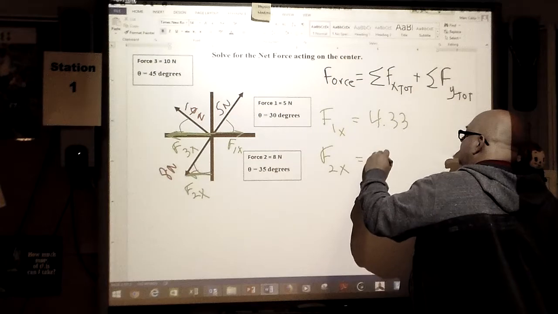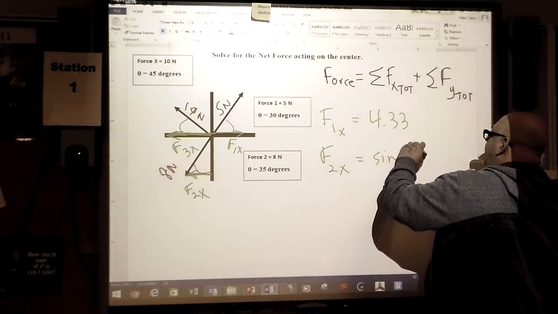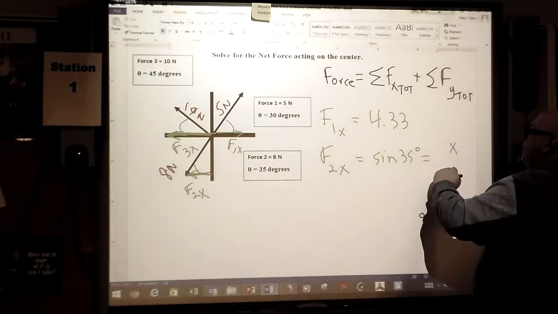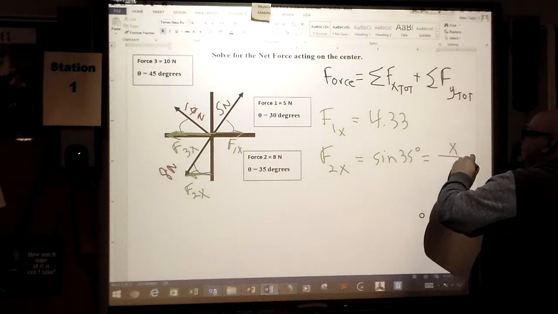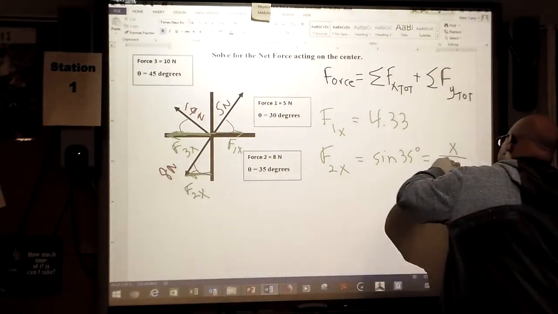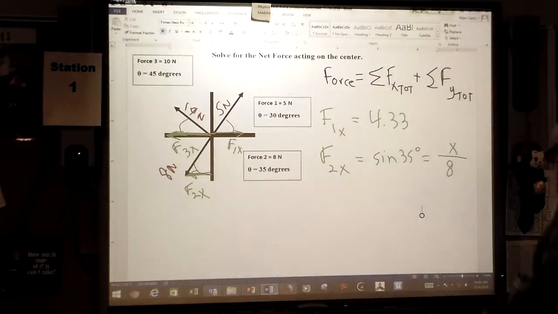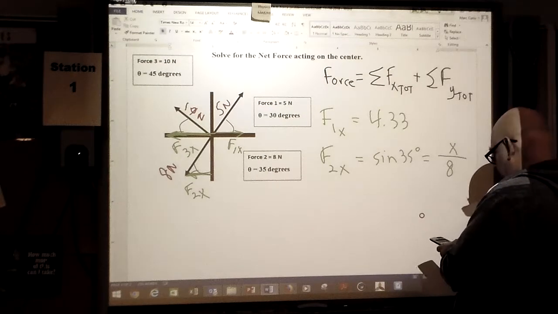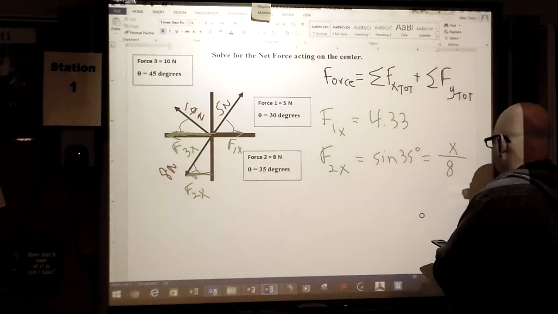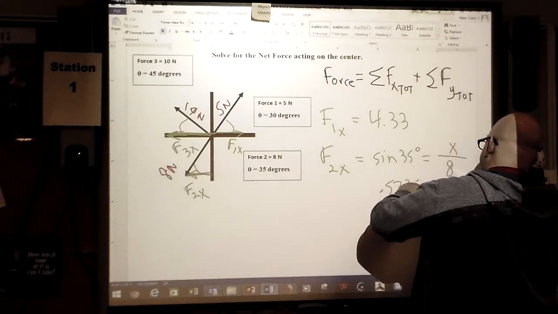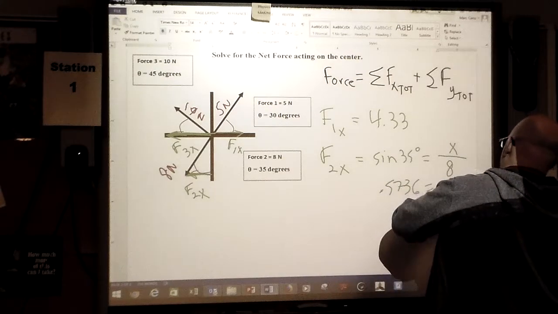So the sine of 35 degrees is equal to the value of F2 in the x direction divided by, in this case, 8. The sine of 35 equals 0.5736, which is equal to x over 8.